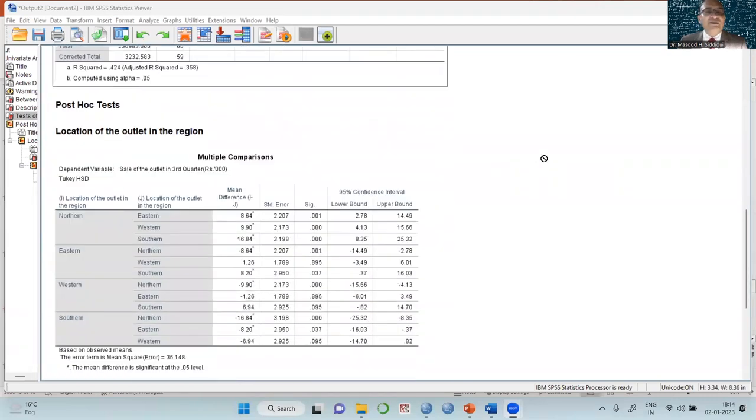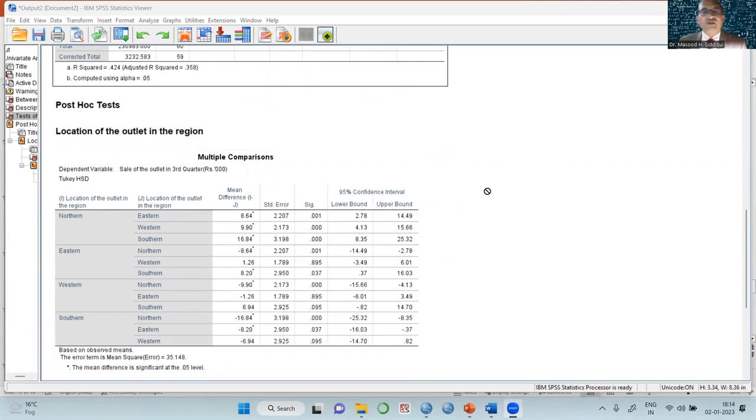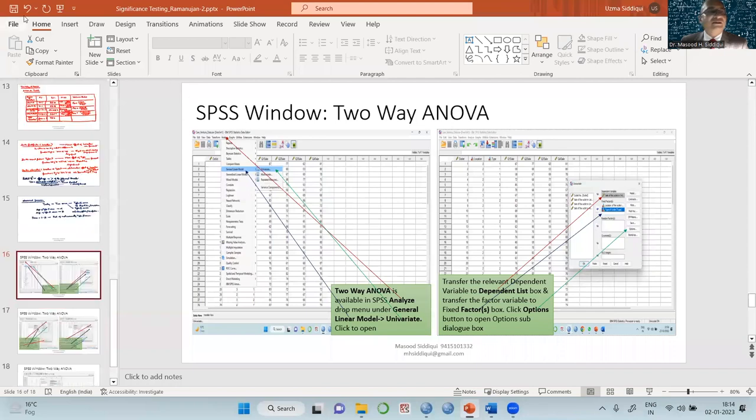So these are the multiple comparisons that we have discussed earlier also. So you can repeat this. This is exactly the same as we have discussed in the case of one-way ANOVA, right? So we are not going into that. So this is related to two-way ANOVA that we discussed.